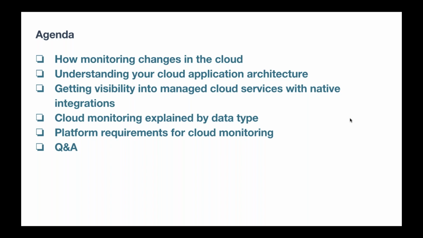Then we're going to move into understanding the cloud applications architecture, and then getting a little bit of visibility into how it's managed into the managed cloud services and the native integrations into those services, and then looking into the cloud monitoring explained by data type, and we'll end with the platform requirements for cloud monitoring. And after that, we're going to move into a Q&A.